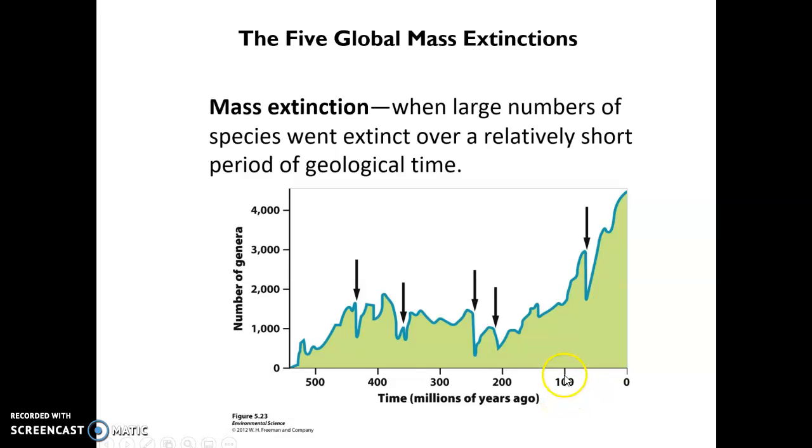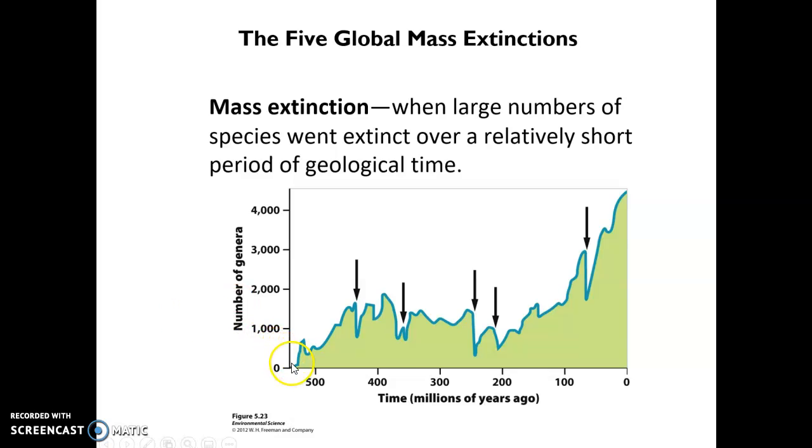So 100 million years ago, 200, 300, 400, and 500 million years ago. Significant periods of time. And here you have the number of genera. So you might recall from taxonomy, genus and species being the most specific levels of taxonomic classification. So we're one step above the species level here, at the genera classification.